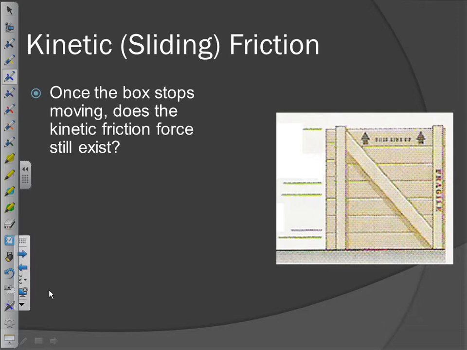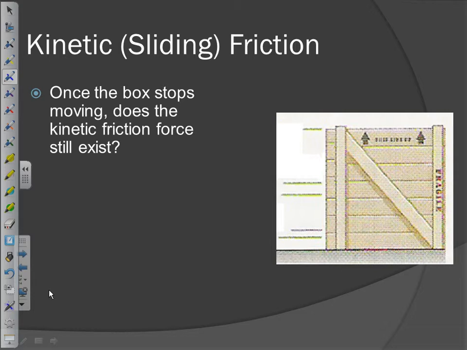Okay? Once it stops, is the kinetic friction force still there? No. Do you know why, or are you just guessing? Because kinetic friction only acts on moving objects. Okay, so kinetic friction only acts on moving objects, right? But as this book is sliding across the table, the friction force is acting on it towards the board.